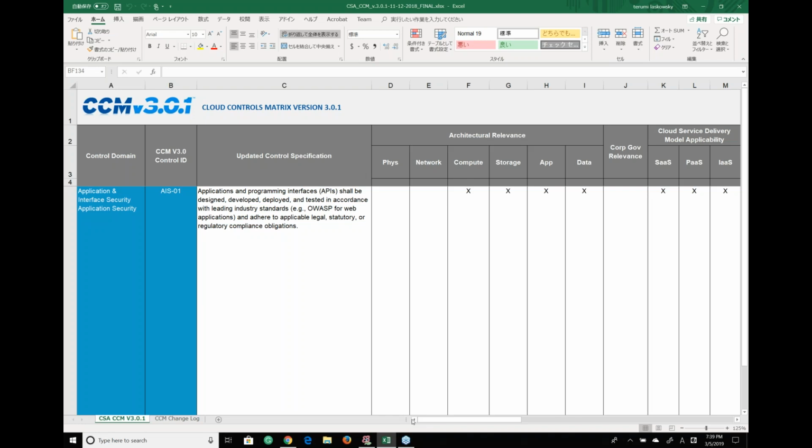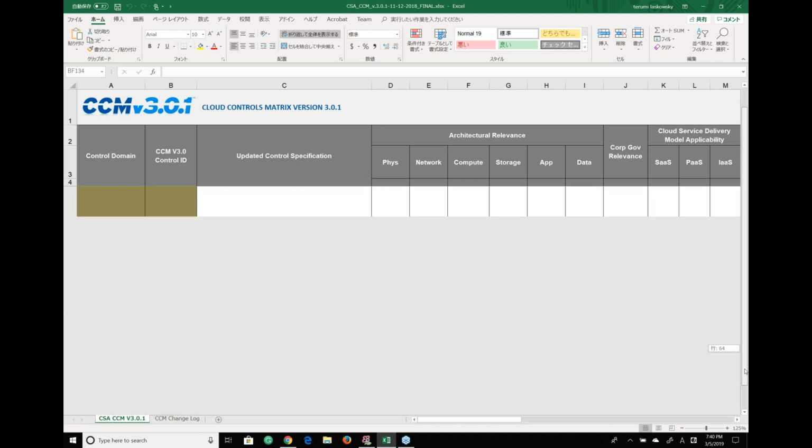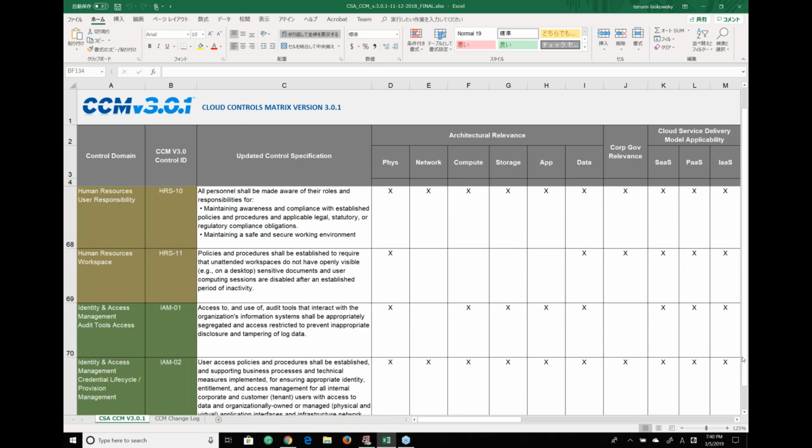For example, here it says control domains: application interface security, application security, and they tell you what these things are. And there are a whole bunch of control domains. Now you have identity and access management, audit tool access, and it'll tell you what it is: access to and use of audit tools, etc. So it's there for you as a reference.